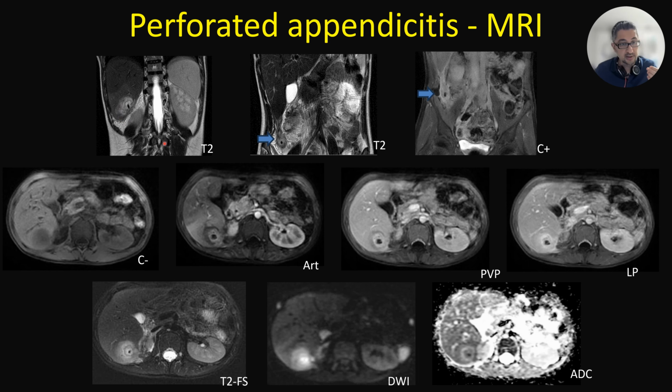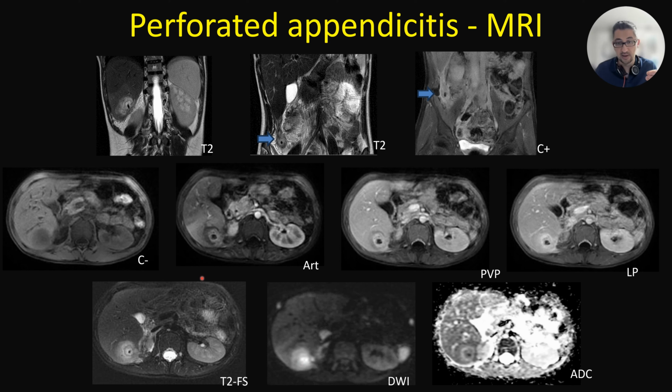On the MRI, we can see some inflammation in the right lower quadrant at the site of the perforated appendicitis, and there is a connection, an extension into the liver, and within the liver, corresponding to segment 6 of the liver, there is this peripherally enhancing lesion showing restricted diffusion in the center.